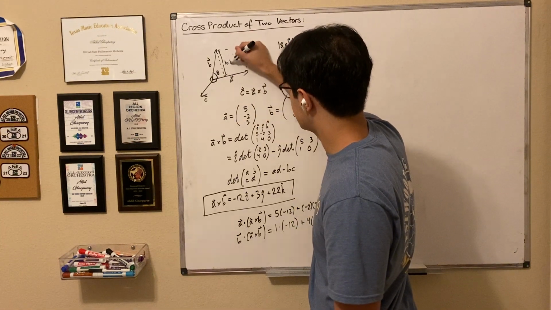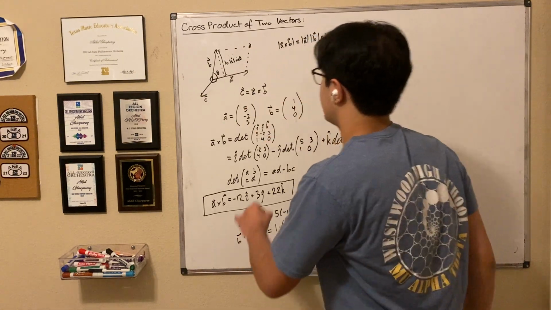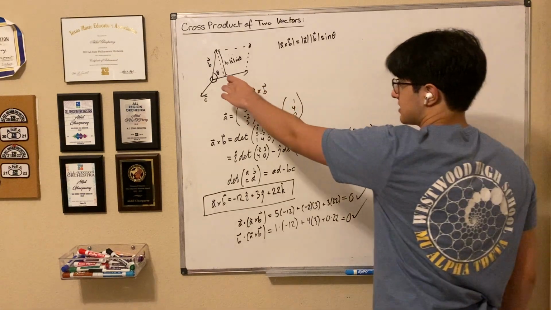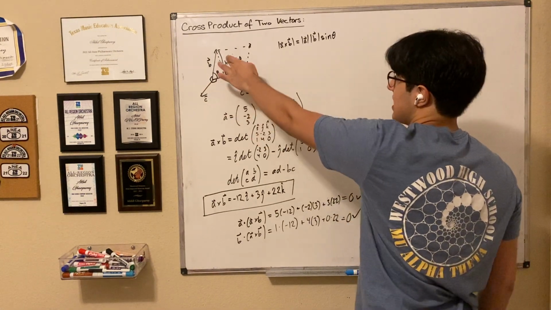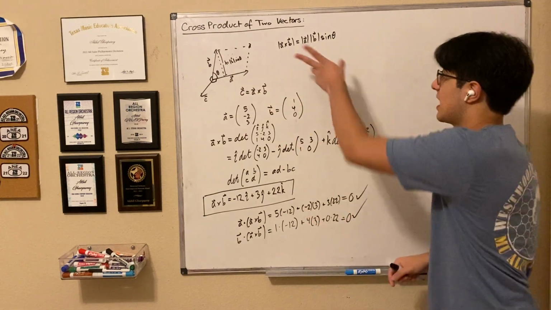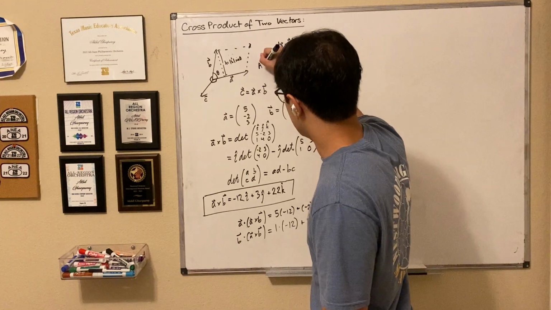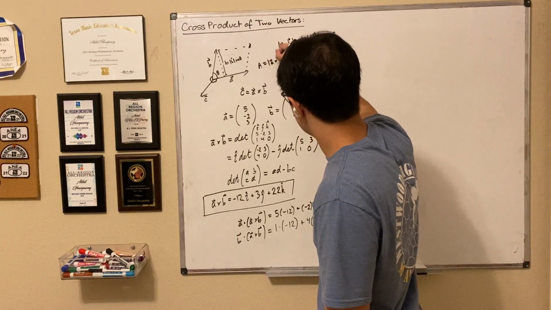So the height is equal to the magnitude of B times sine of theta. So if we were to find the area of this parallelogram, it's this base right here, A, times the height H, which is going to give you the magnitude of A times the magnitude of B times sine theta, hence the magnitude of A cross B. So the area of this parallelogram is going to be the magnitude of A cross B.